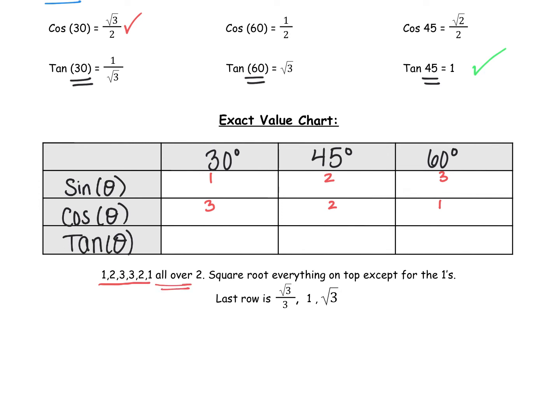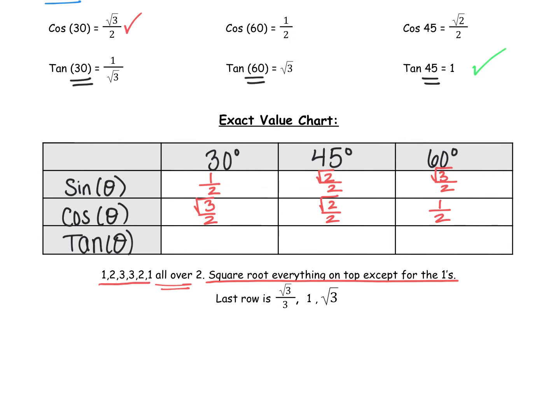Then we're going to put them all over 2. Then we're going to take the square root of everything on the top except for the ones. So square root of 2, square root of 3, square root of 2, square root of 3. Why I don't put a square root here and here is because the square root of 1 is just 1.